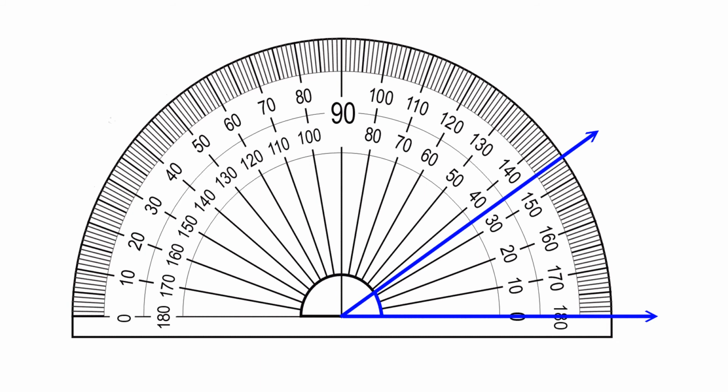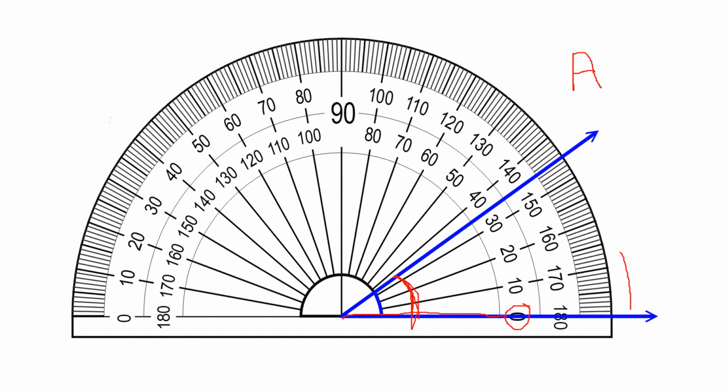Okay, on this angle, we're going to be measuring this angle right here. I can see that this is less than 90, so this is going to be an acute angle. I'm going to put an A for acute. We're going to follow our ray over until we get to 0. Okay, so we're going to be using the inside numbers.